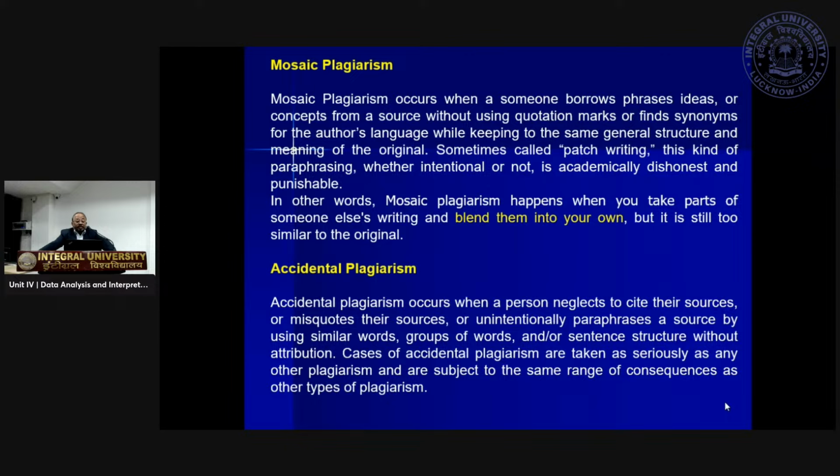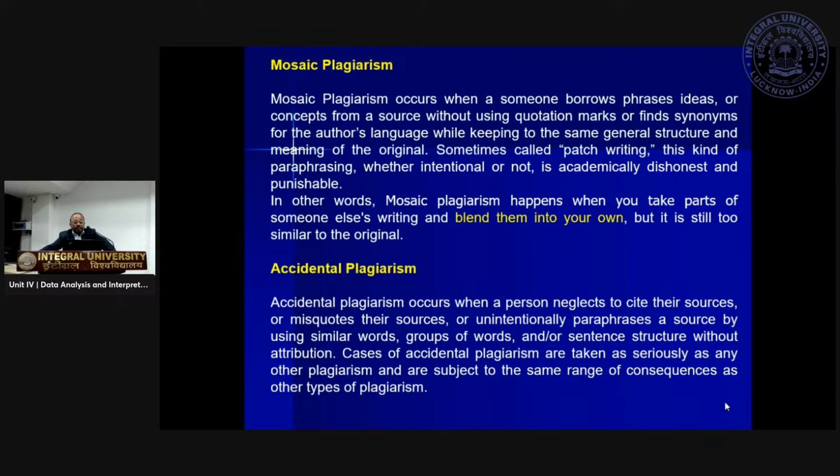Or finds synonyms for the author's language while keeping to the same general structure and meaning of the original. That comes under mosaic plagiarism, as she asked. Right? As she had asked, whether intentional or not, it is academically dishonest and punishable.